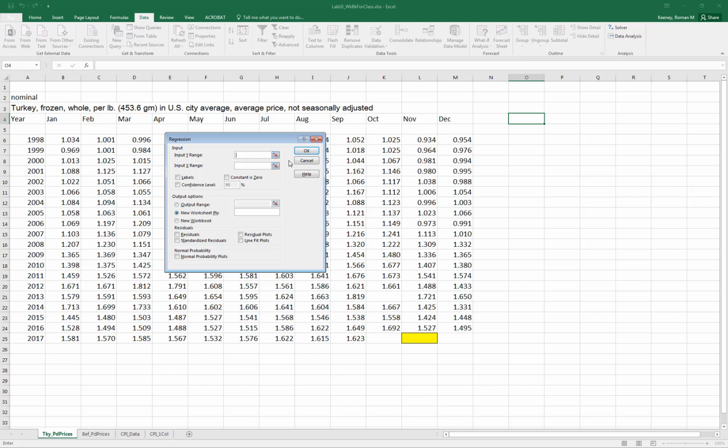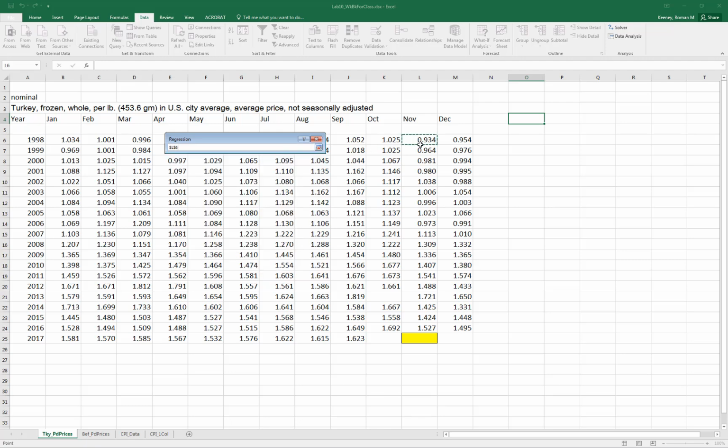Our y variable is the dependent variable. We're going to try to explain the November price using the x variable, or the independent variable, which is the September price. So the y range is going to be these November prices from 1998 to 2016. The x range is the September price from 1998 to 2016.